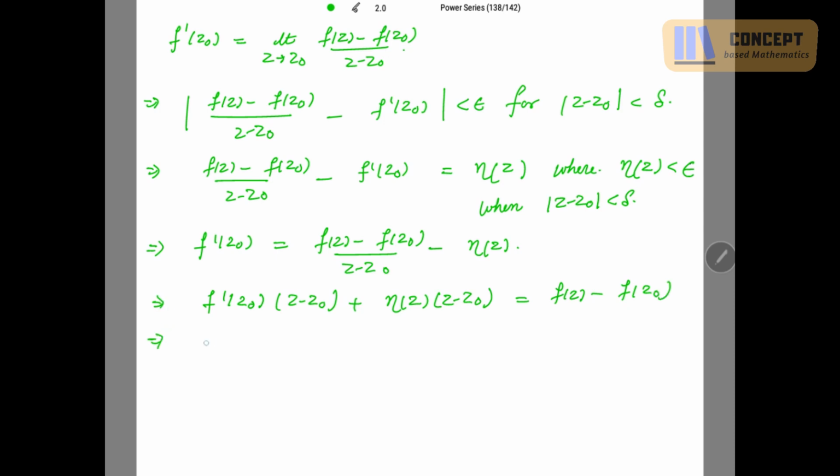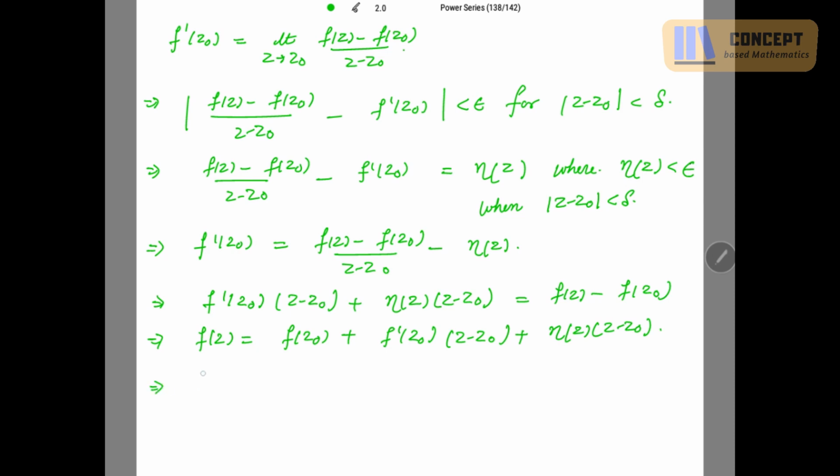This implies f of z is equal to f of z0 plus f dash z0 into z minus z0 plus eta of z into z minus z0.